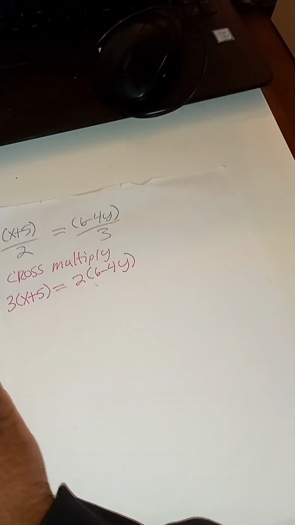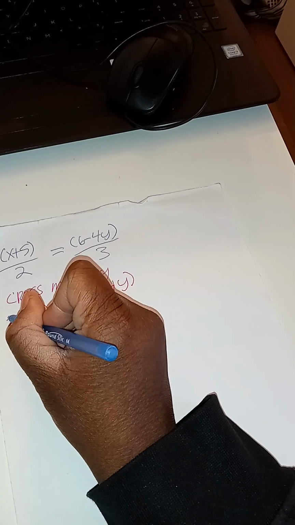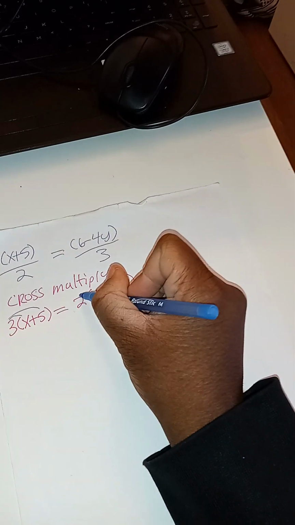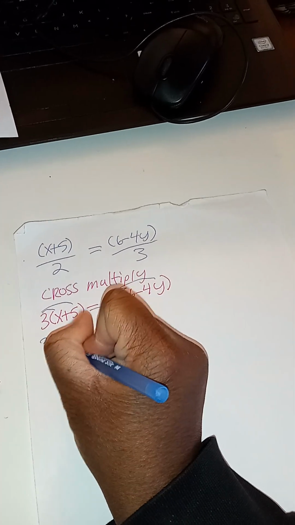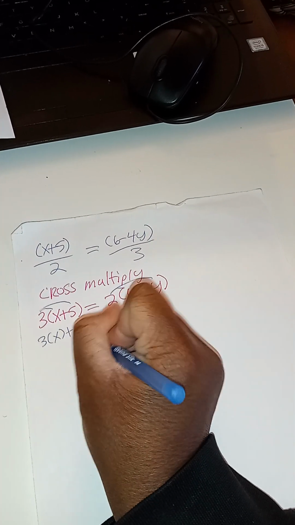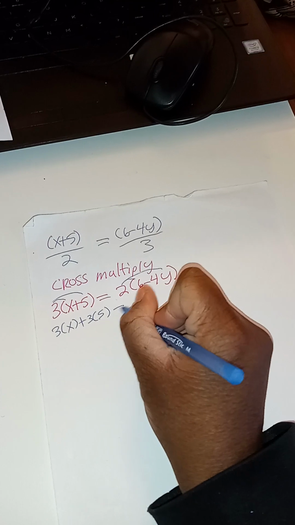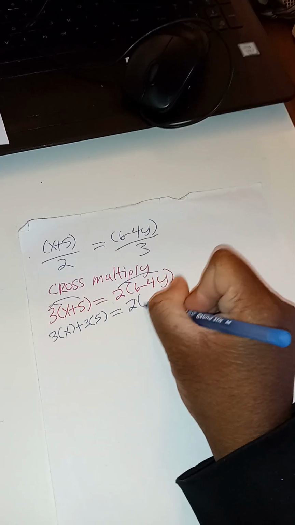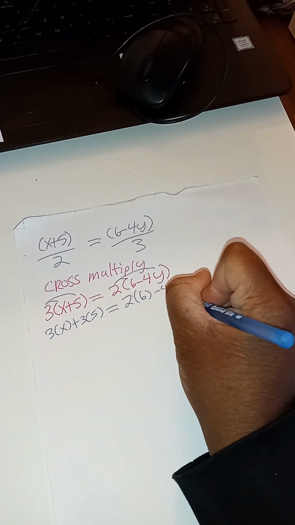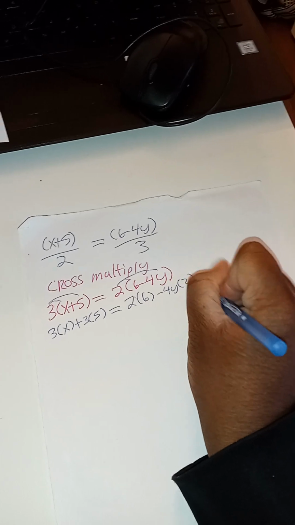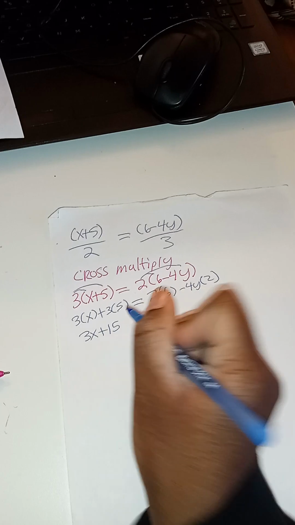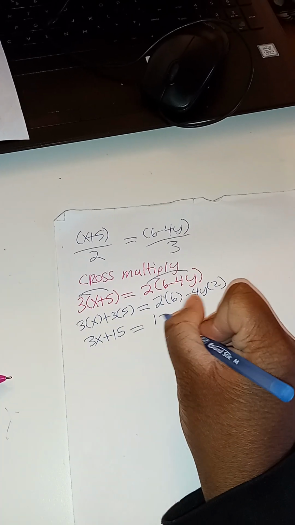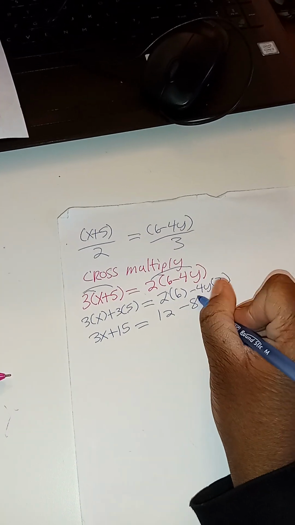Now we will begin the distribution process on the left-hand side and right-hand side of the equation. So it will be 3 times x plus 3 times 5 is equal to 2 times 6 minus 4y times 2. So that will turn into 3x plus 15 is equal to 12 minus 8y.